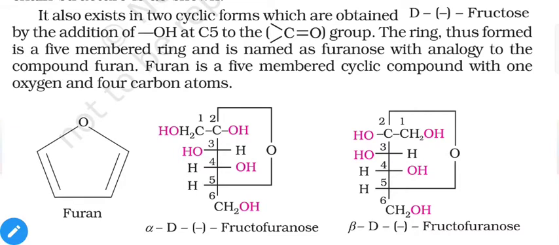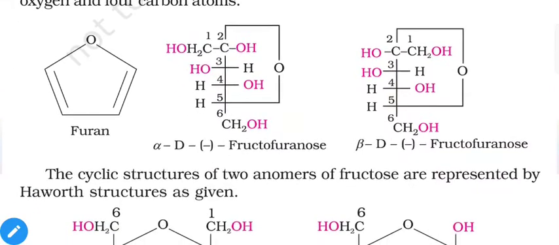That's why we can refer to this structure as furanose. As you can see in this structure, we have 5-membered rings in both of the fructose structures with 4 carbons and 1 oxygen, and the remaining 2 carbons are present as substitutions on that ring.